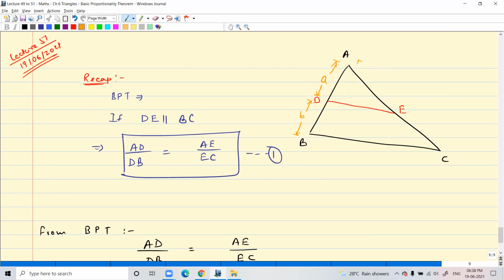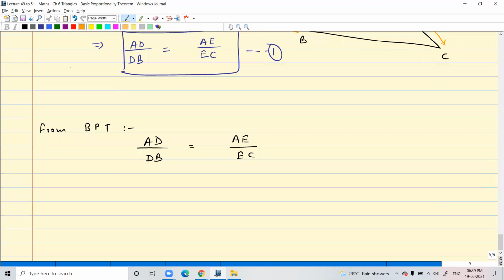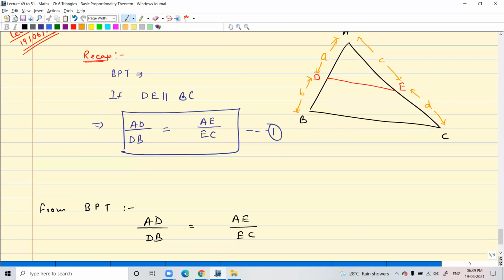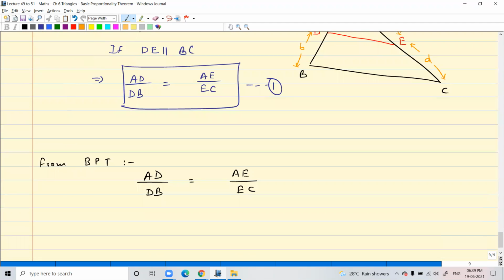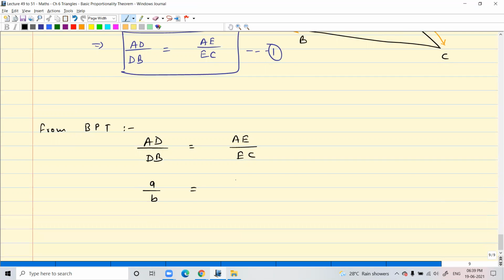Let's call this distance A to E as c, and from E to C as d. Fine. So AD by DB, what should I write that as? a by b, right? Small a by small b. And AE by EC will become c by d.